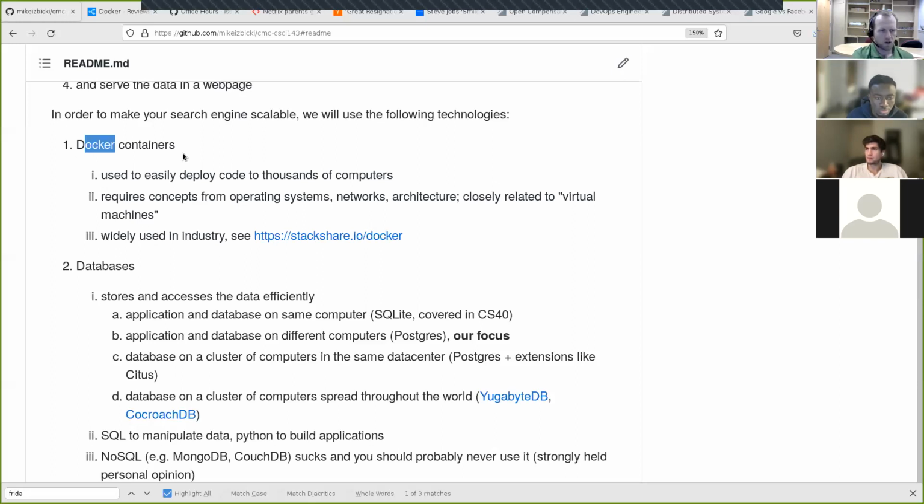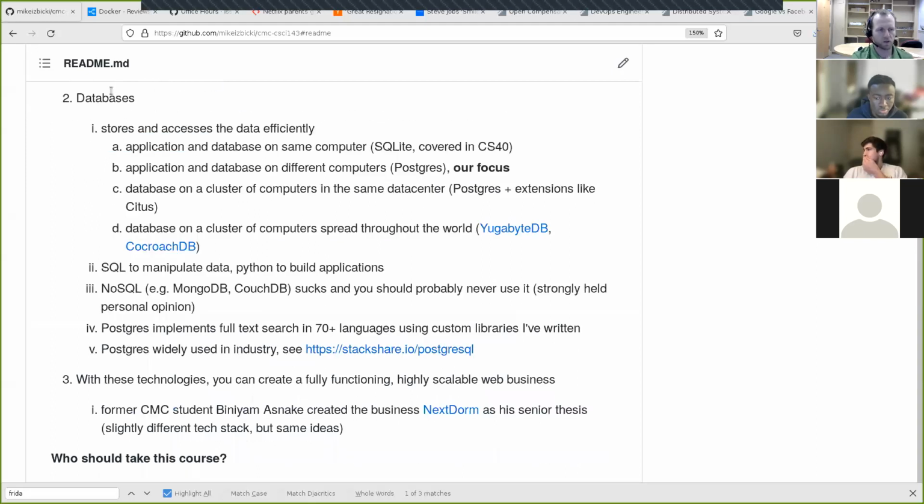So again, Docker, roughly the first month, 2 to 3 weeks of this course. The main part of this course is going to be going over databases. And so that's basically everything after Docker is databases. And this is how we'll be actually storing the data efficiently and accessing it.